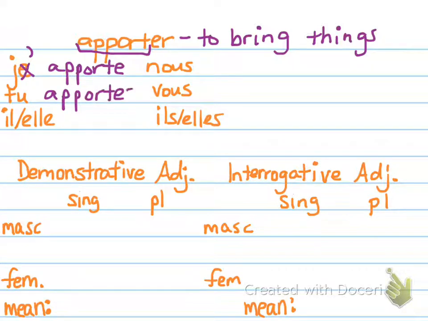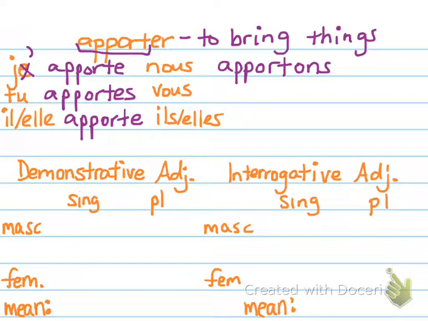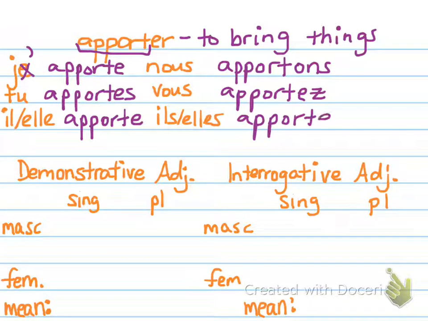A-P-P-O-R-T, we add our E-S. A-P-P-O-R-T, we add our E. A-P-P-O-R-T, that's our stem, we add our O-N-S. A-P-P-O-R-T, we add our E-Z to our stem, and A-P-P-O-R-T, we add our E-N-T to our stem.